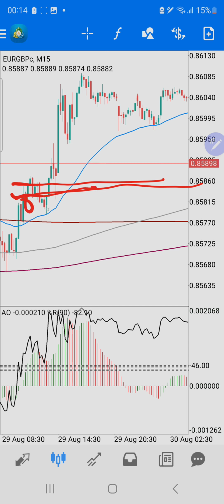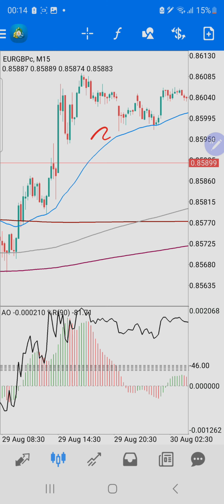According to setup one, the market was supposed to retrace and go down, but what it did was break this top and come back to this area, retest it and fall. Now, this is not legit, because the red candle is higher than the green one, so this is not legit.